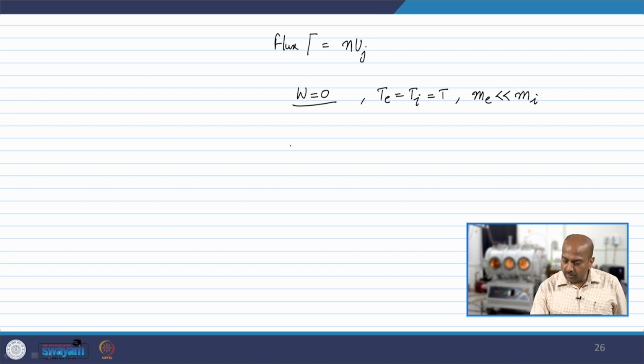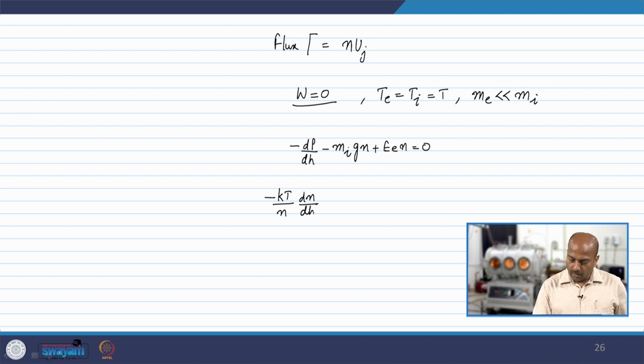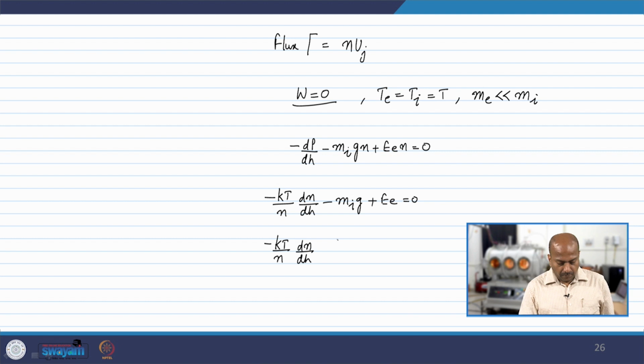We can write the simple equation as dP by dh minus mi g n plus E e n equals 0, or minus kT by n dn by dh minus mi g plus eE equals 0. And for the electron, minus kT by n dn by dh minus eE equals 0.